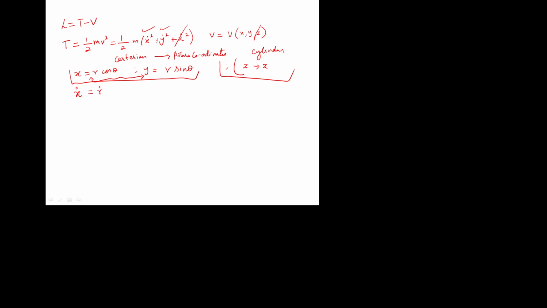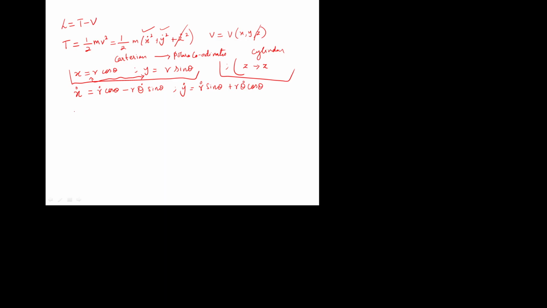So we can write x dot equal to r dot cos theta minus r theta dot sin theta. First we differentiate r, then we differentiate theta. Similarly, y dot is equal to r dot sin theta plus r theta dot cos theta.